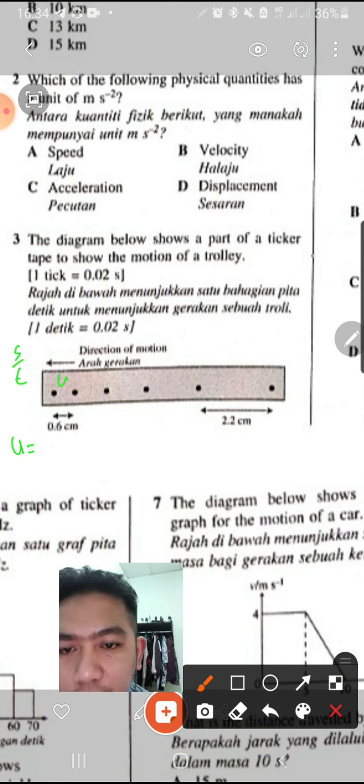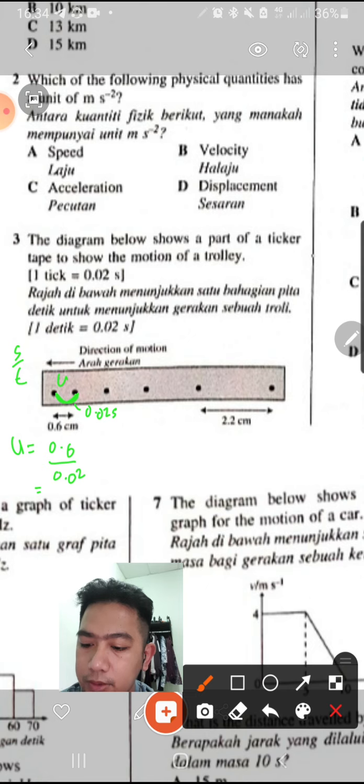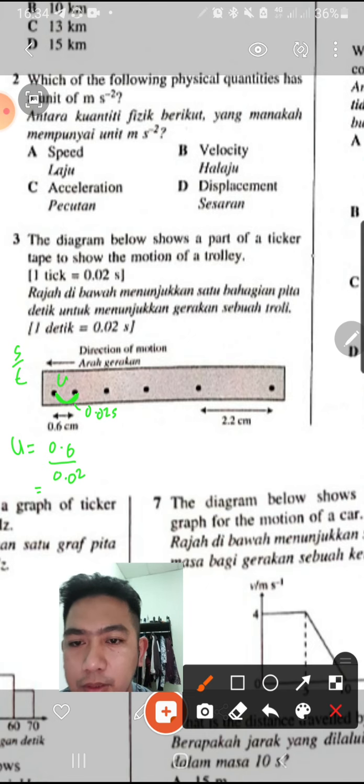So displacement dia sudah bagi 0.6, time dia, remember, di sini kita kira dia sebagai satu jarak. So this is 0.02 second. So here you divide lah 0.6 divided by 0.02, you akan dapat 30.